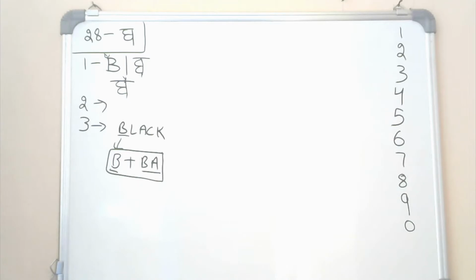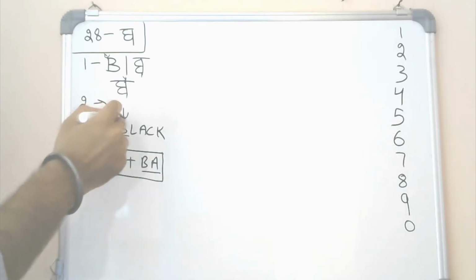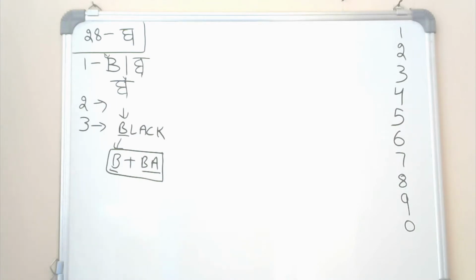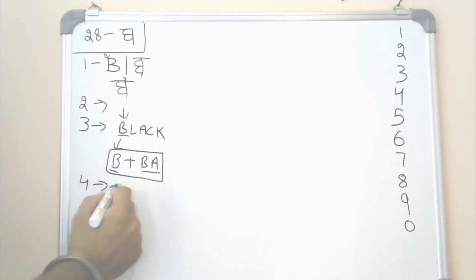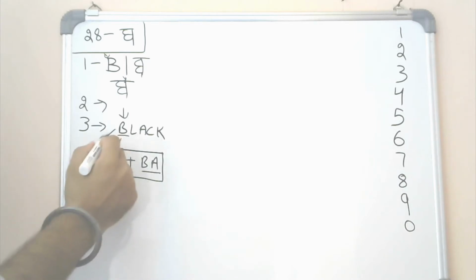Simple. From black, we will get the sound of B, like we have here, how we pronounce the letter B, and then we will add ba. B, ba. This is how you will pronounce this letter. The fourth step is sound of the letter. The sound of the letter will be B, like we have in here.